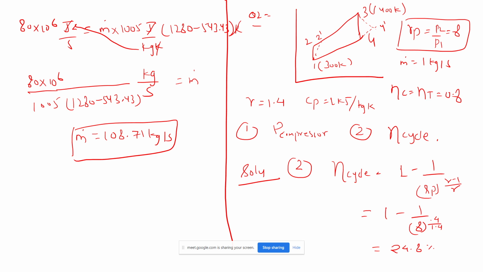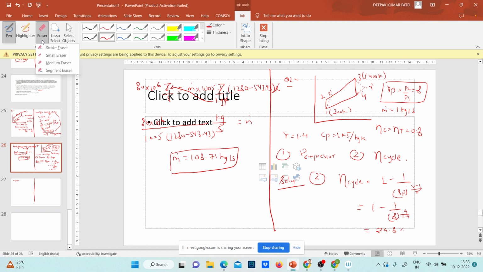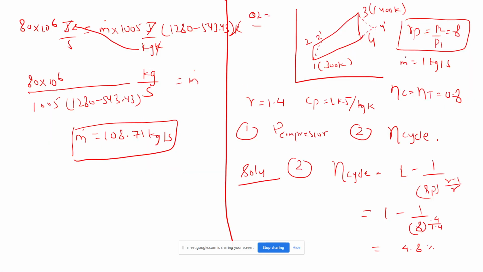Yeah, you are right, it is 44.8. The person who was saying 24.8, please check it. I think you have made a wrong calculation. It is actually 44.8.